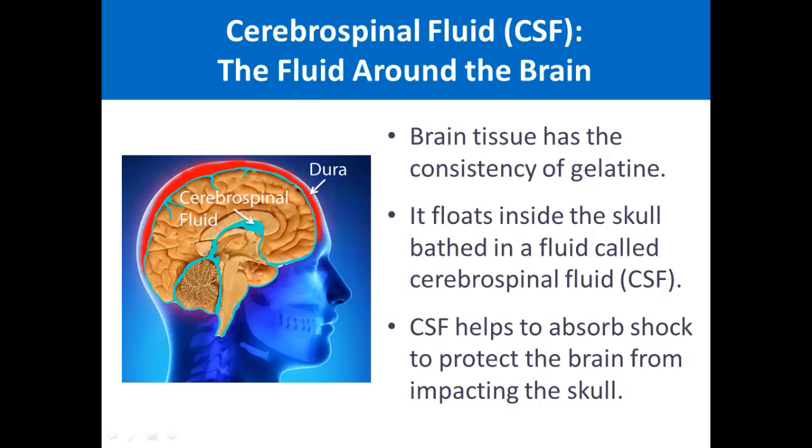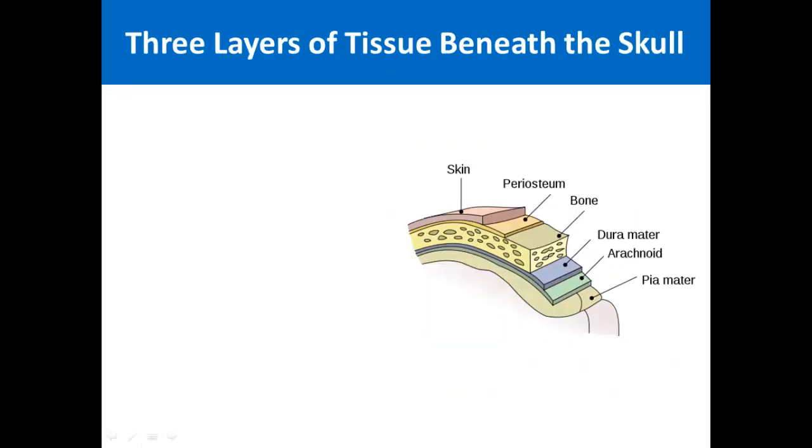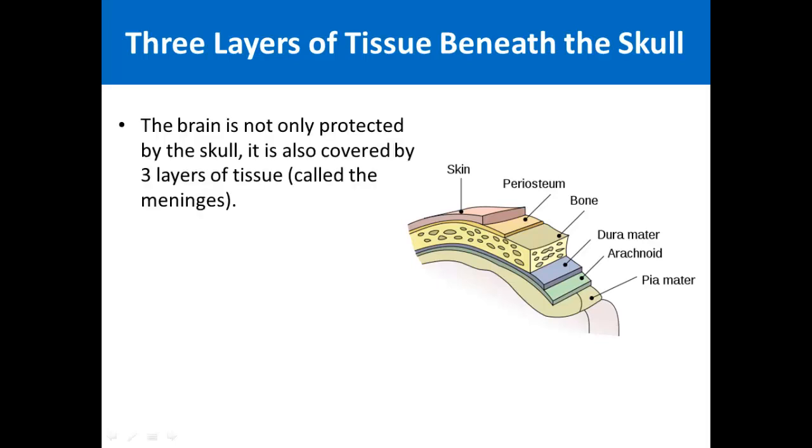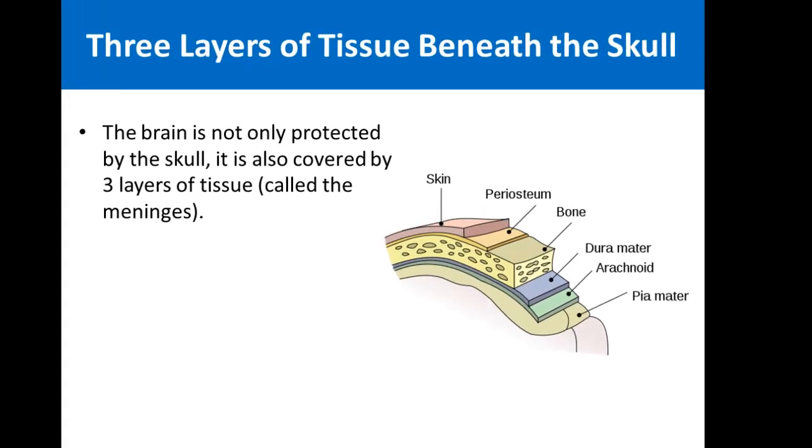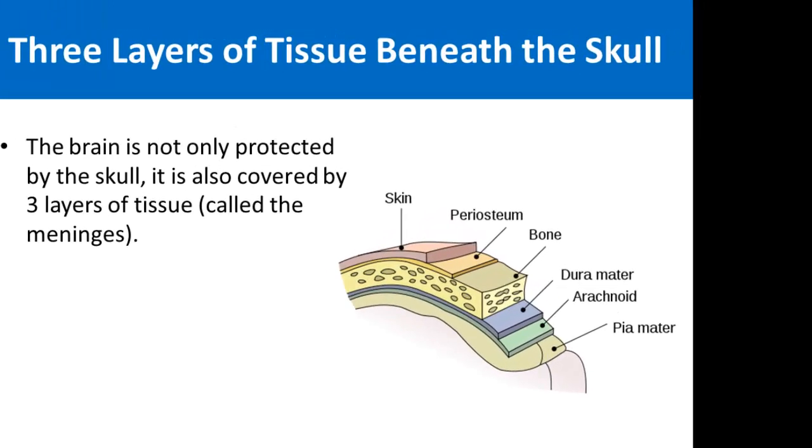to the brain tissue. Now, the layers that are between the brain and the skull are referred to as the meninges. So the brain is not only protected by the skull, it is also covered by these three layers of tissues called the meninges.